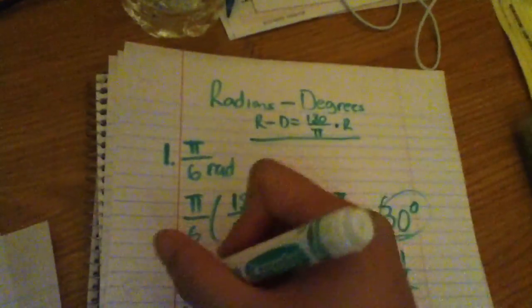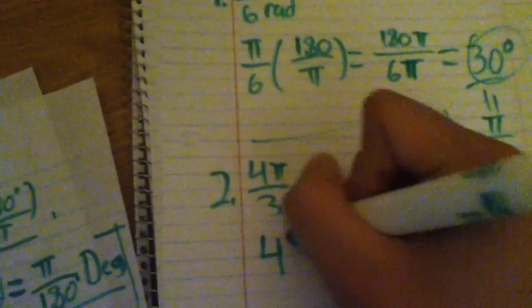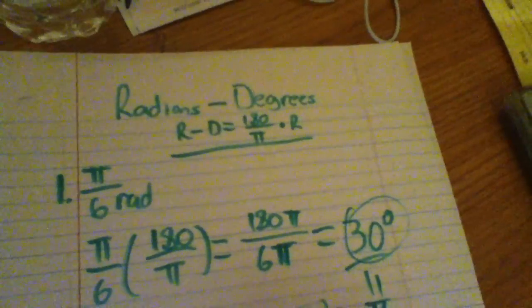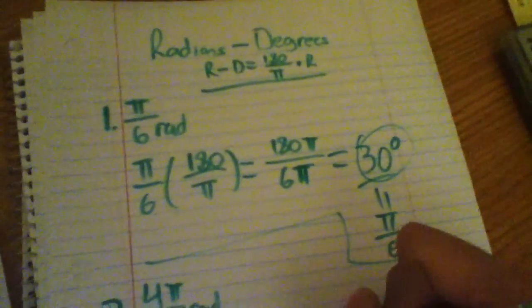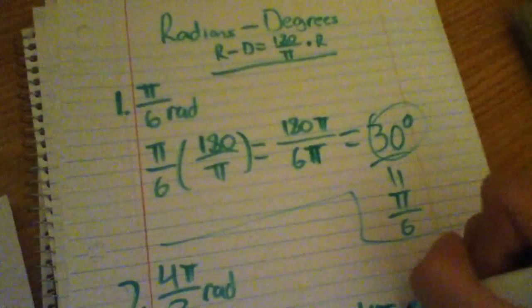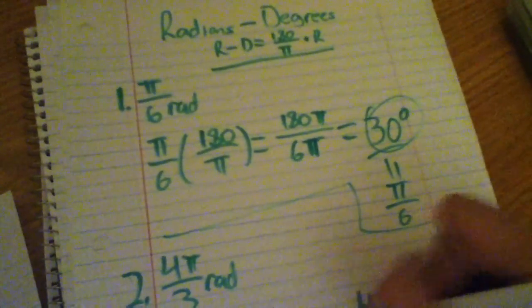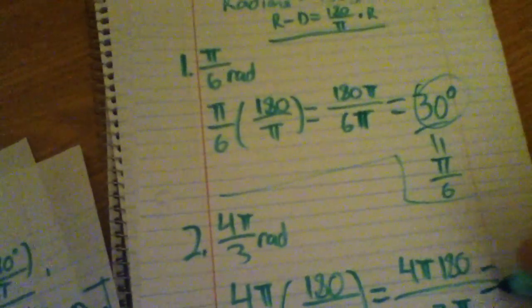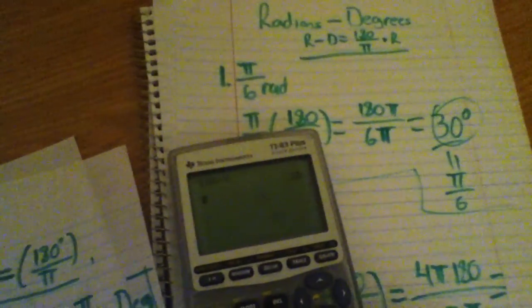Okay, another example would be 4 pi over 3 radians. We will still have to go through the same process. 4 pi over 3 times 180 over pi, and that would equal 4 pi times 180 over 3 pi. There's different ways to divide this down, and I am simply going to divide 180 by 3 first.